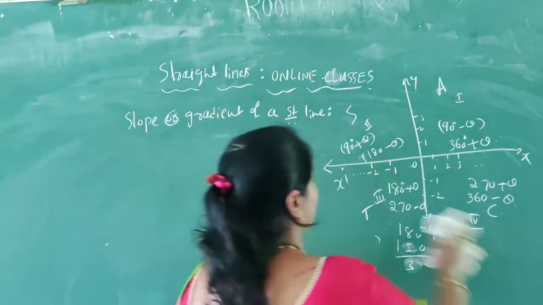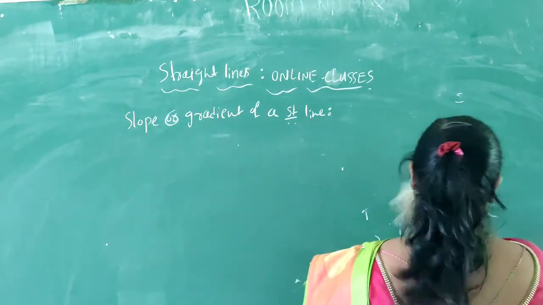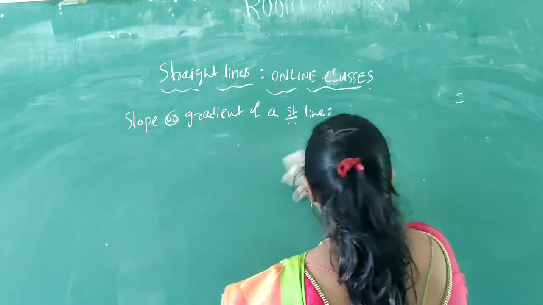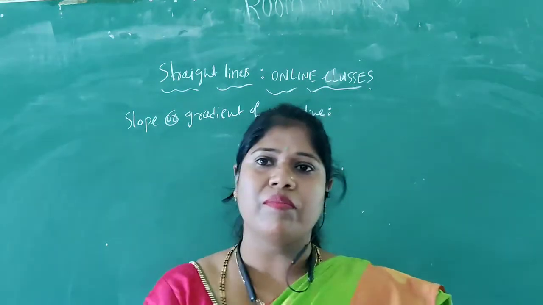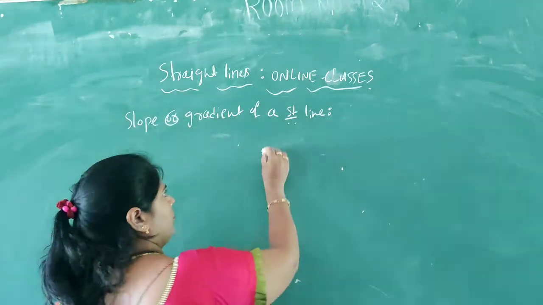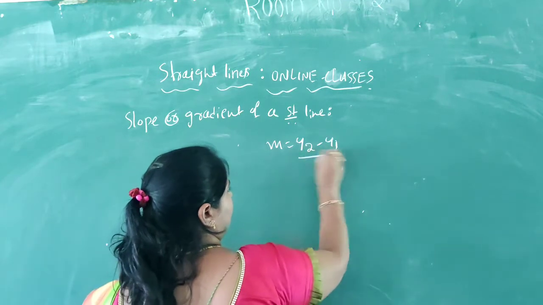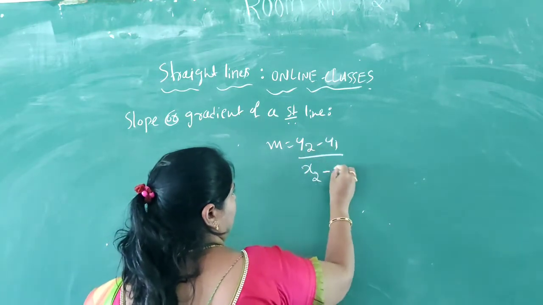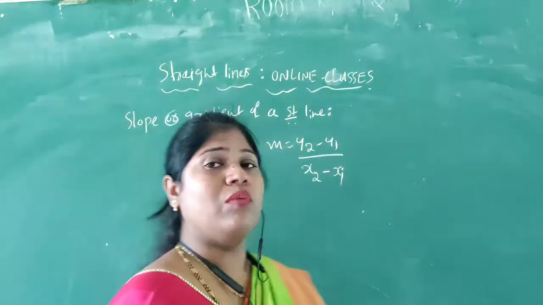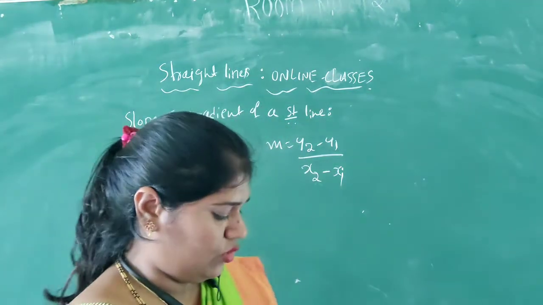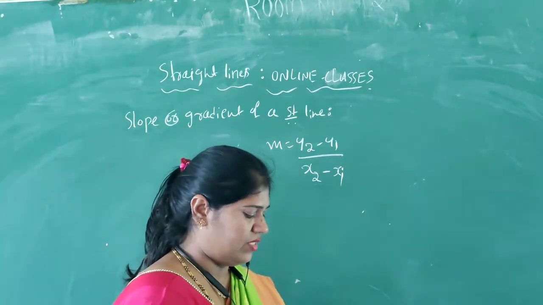M is equal to y2 minus y1 divided by x2 minus x1. These are all coming for 1 marks in the examination. So very important problems, and this is very simple also.